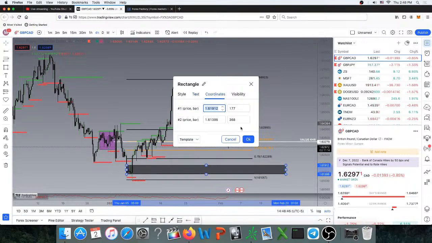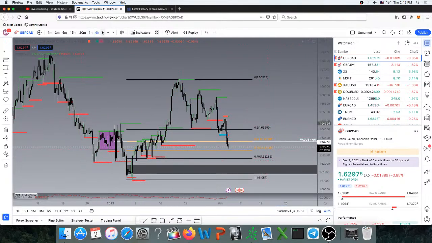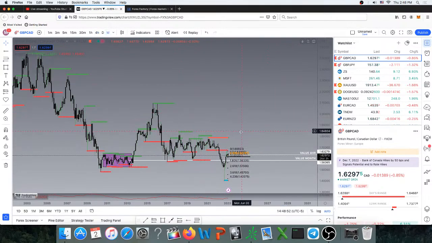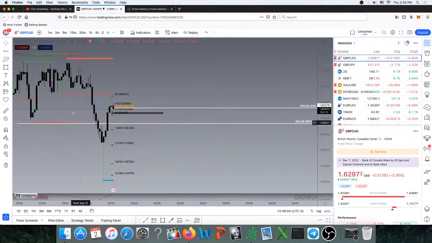We're going to have to re-verify this on the monthly just to make sure this looks strong. I don't like the fact that it rejected this supply zone here. Zoom in just to show you.